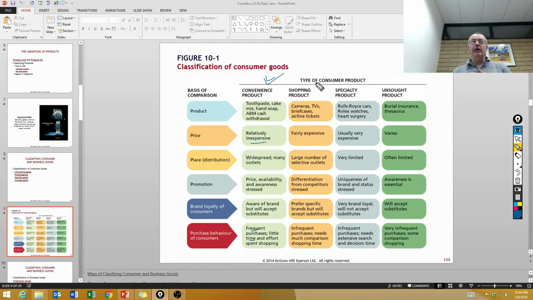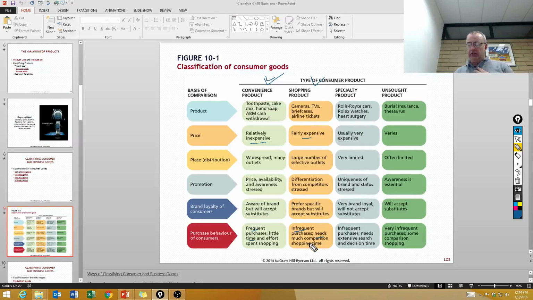Then we have so-called shopping products. Shopping products we buy less frequently than convenience goods, and we do more comparison in the decision-making process, and they're relatively more expensive.